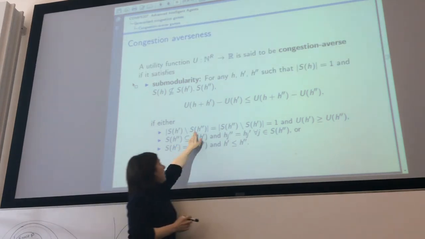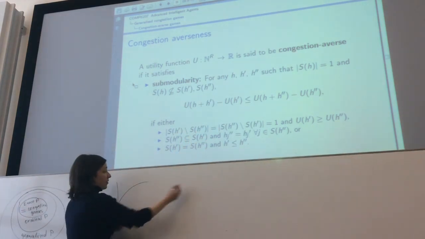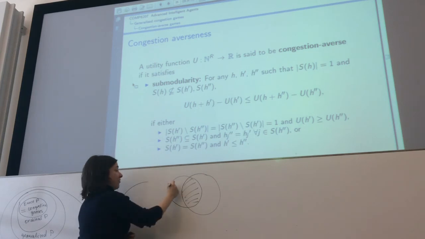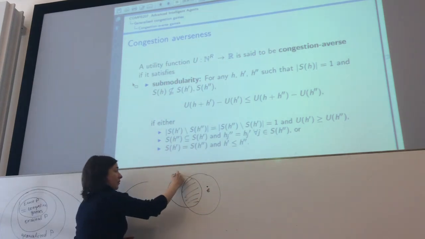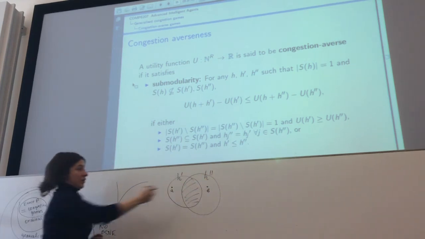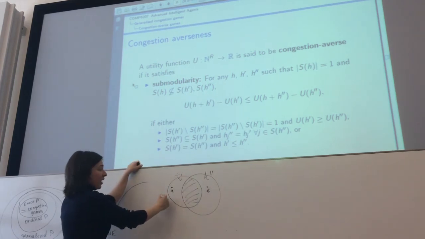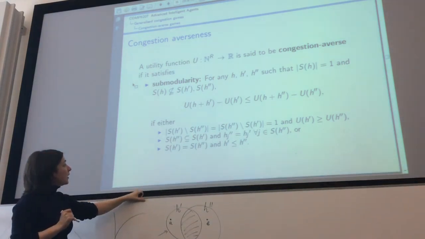So in H prime and H double prime, we use some resources with the same congestion, and there is one resource here and one resource here. Let's call it A and let's call this B, making the switch from B to A is profitable. So having this strategy is better than having that strategy. And then adding one more resource here is less profitable than adding one more resource there.